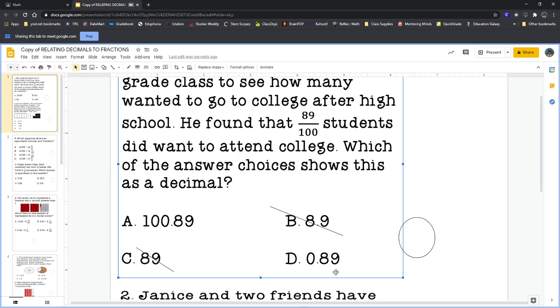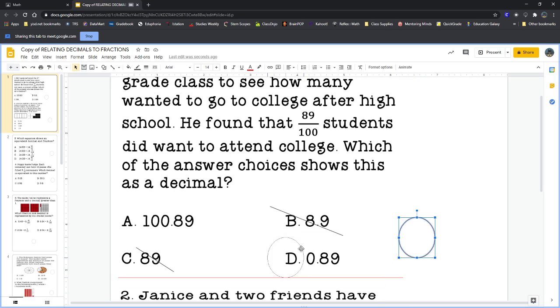It goes after the decimal. The denominator is just there to tell me which place values to use. I don't need to add the 100 to the front or to the back of my decimal. So 89 out of 100, if I made it a decimal, would be answer choice D.